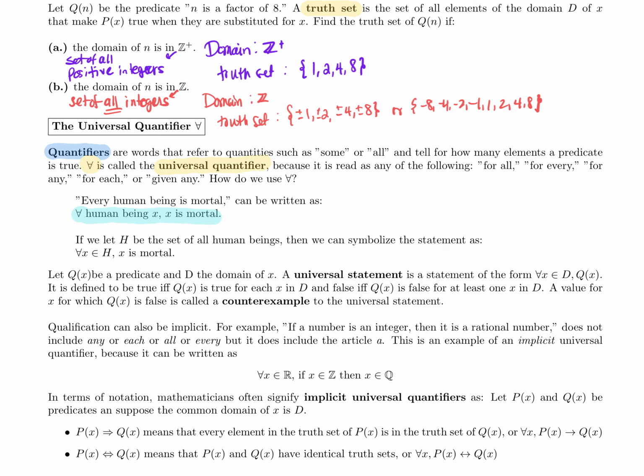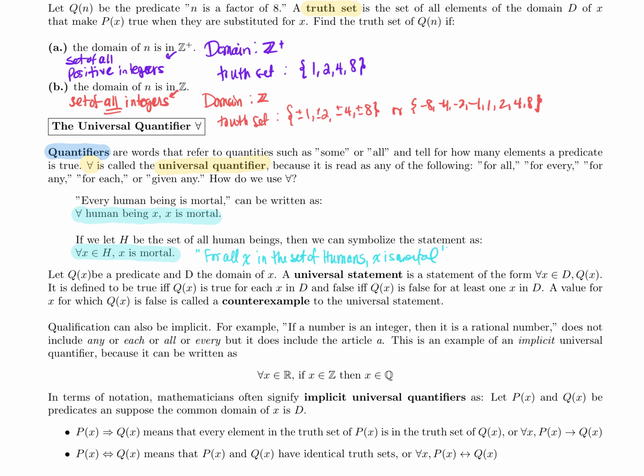If we wanted to take it one step further, if we let H be the set of all human beings, then we can symbolize the statement as for all X in the set of humans, X is mortal. So the way that we read this is for all X in the set of humans, X is mortal.